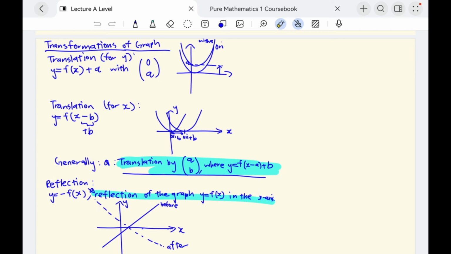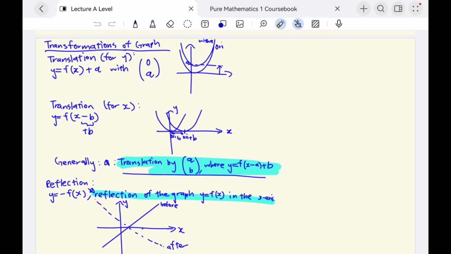First thing is the translation for the y. Given you have y equals to f(x), then you want to transform by a, so let's say plus a. It means a translation of the graph vertically with the vector (0, a). Only the y positions change. Let's say here is your parabola, a quadratic graph.